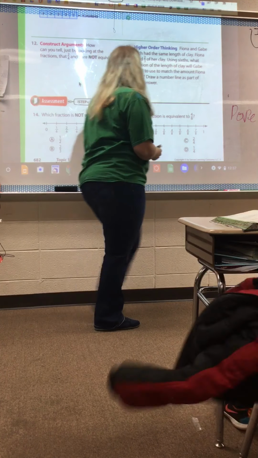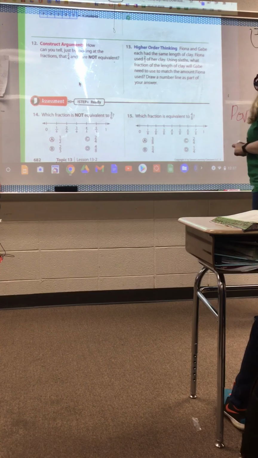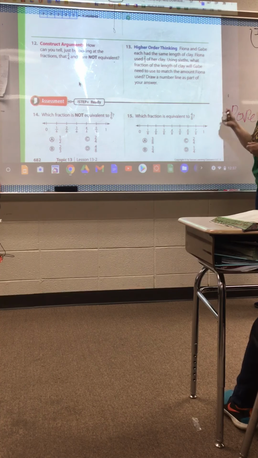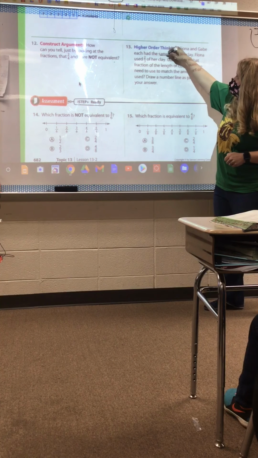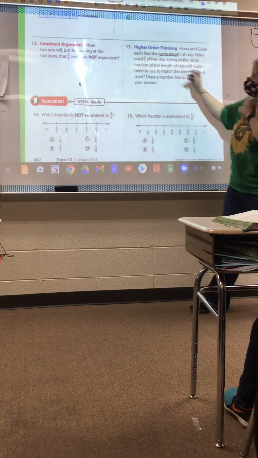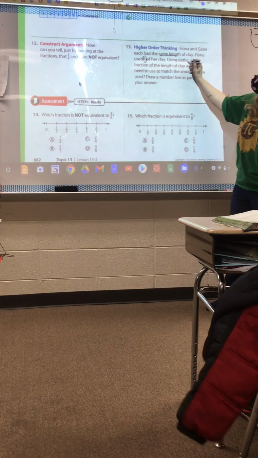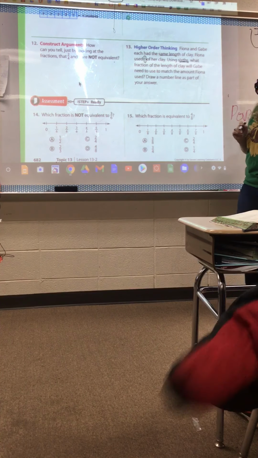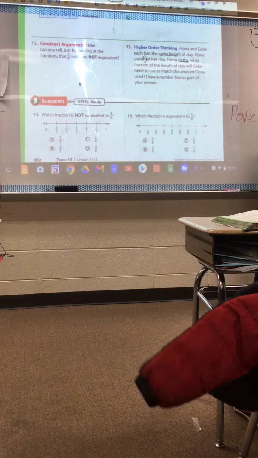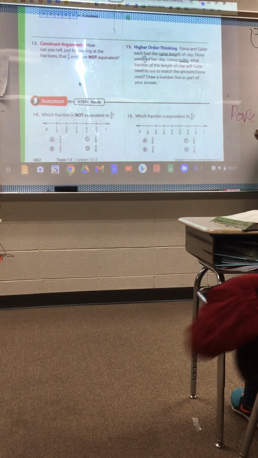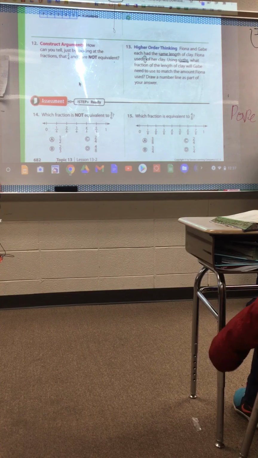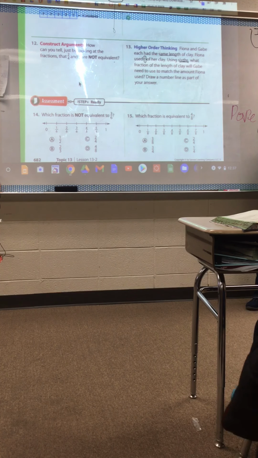Number 13. Yona and Gabe each had the same length of clay. Okay, so they each have the same length. Yona used 2/3 of her clay. Using 6, what fraction of the length of clay will Gabe need to use to match the amount Yona used? Draw a number line as part of your answer.